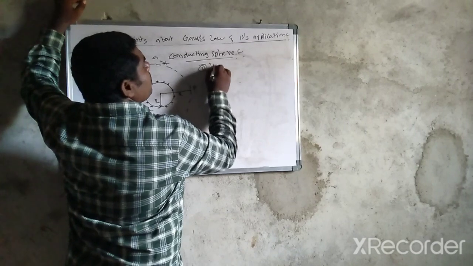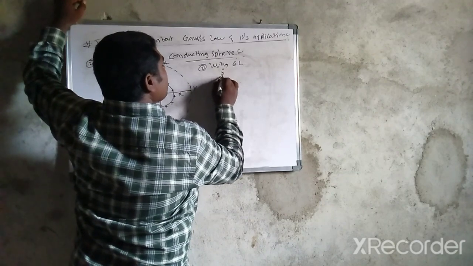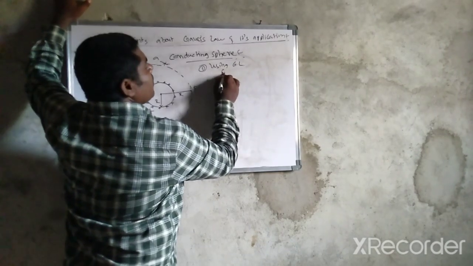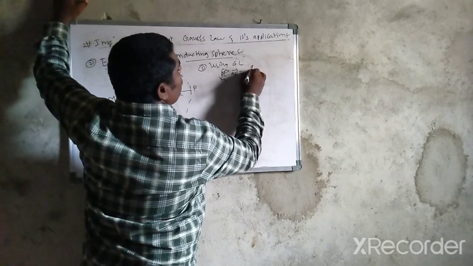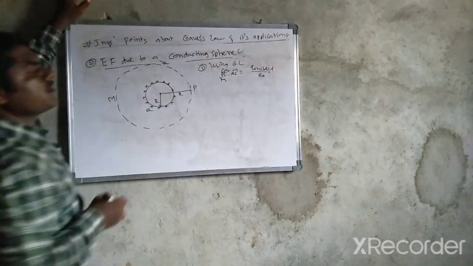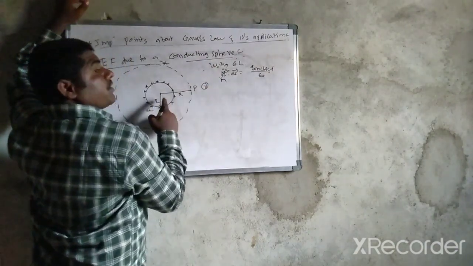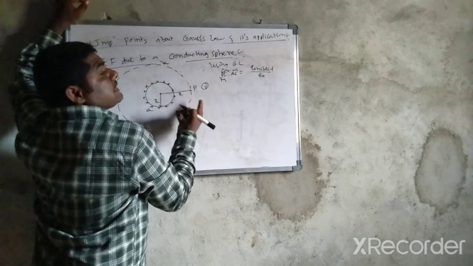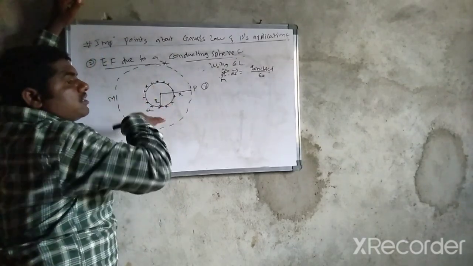Using Gauss law, the closed integral of E bar dot ds bar is equal to Q enclosed by epsilon naught. So the first case, the point is outside the conducting sphere. Second case, on the sphere. Third case, inside the sphere. What happens?